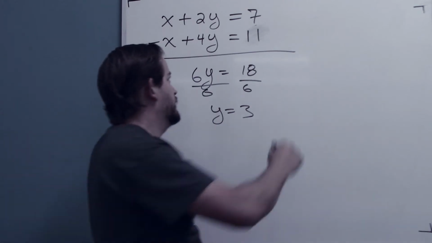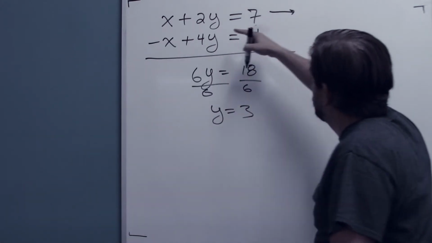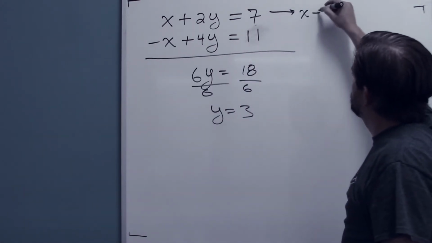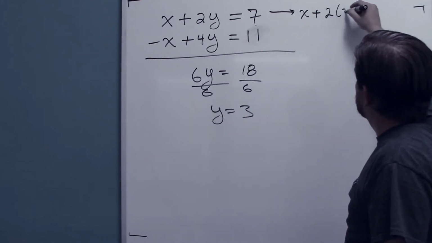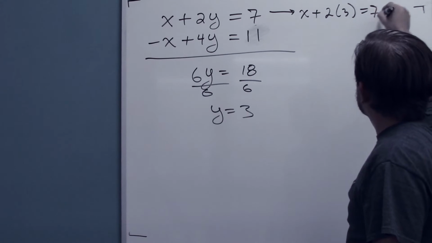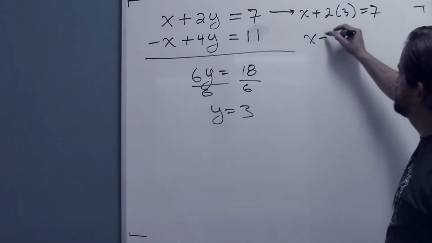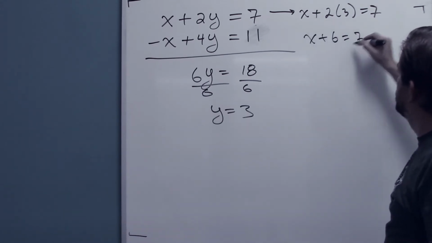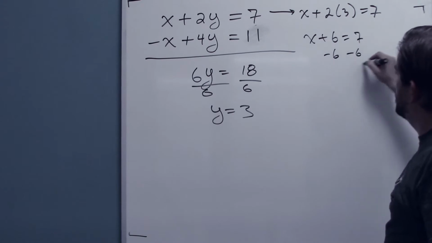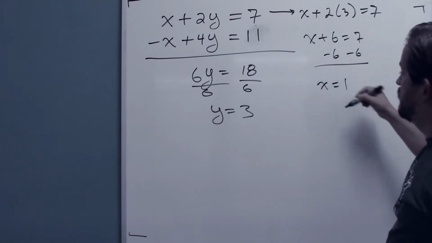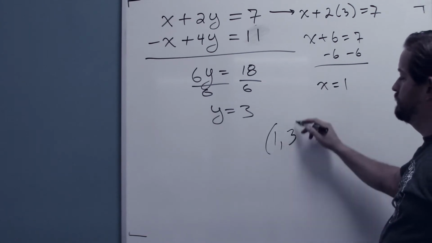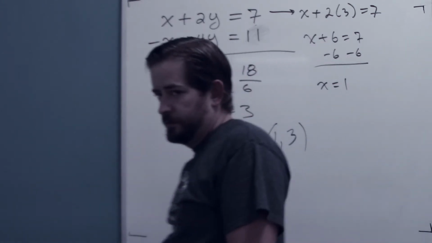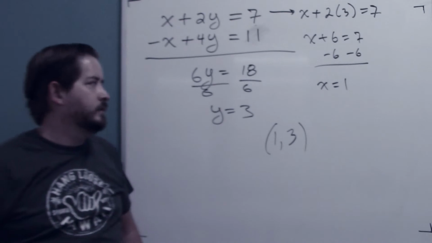I'm going to plug it into the top one. x plus 2 times 3 equals 7, or x plus 6 equals 7. And if I subtract 6 from both sides, x is 1. And I'm done. My solution is 1, x is first, comma, 3. That's it. Quick, easy, done. Right?